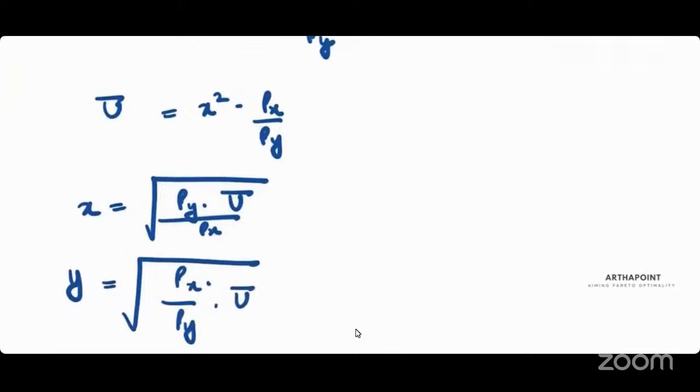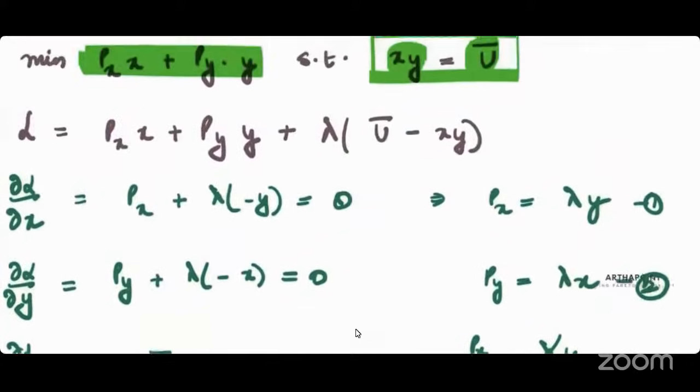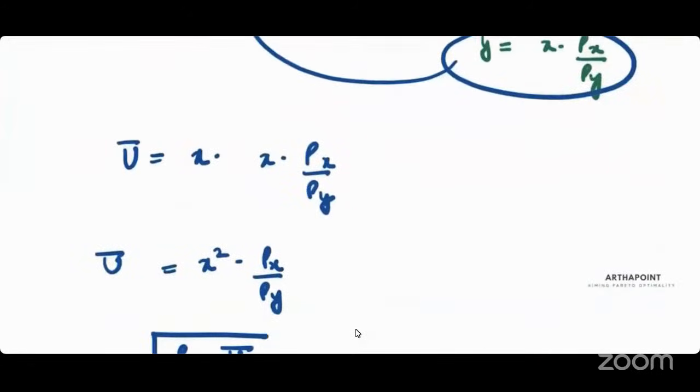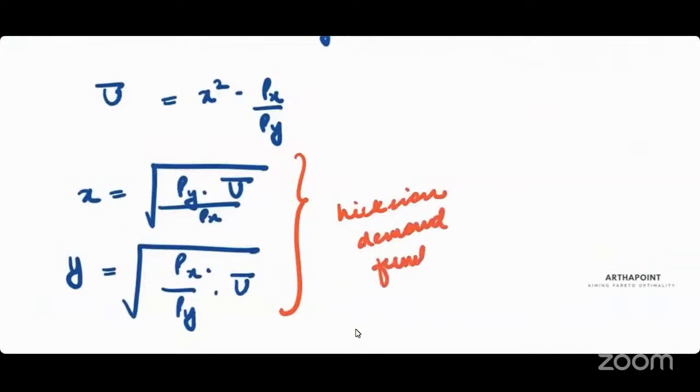This x and y that you have got by minimizing your expenses subject to a given level of utility, this x and y, this is called Hicksian demand curve or demand function.